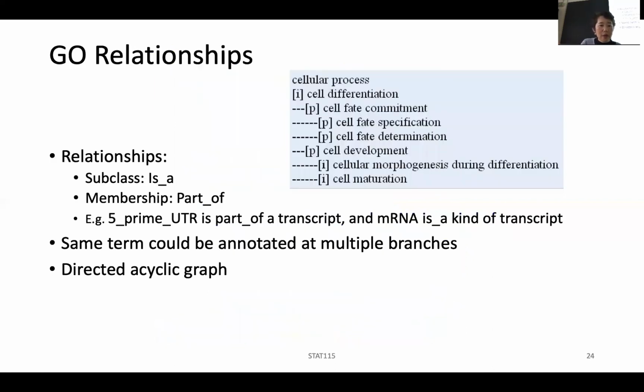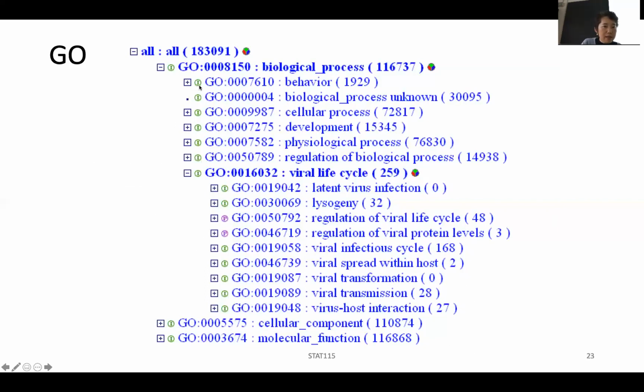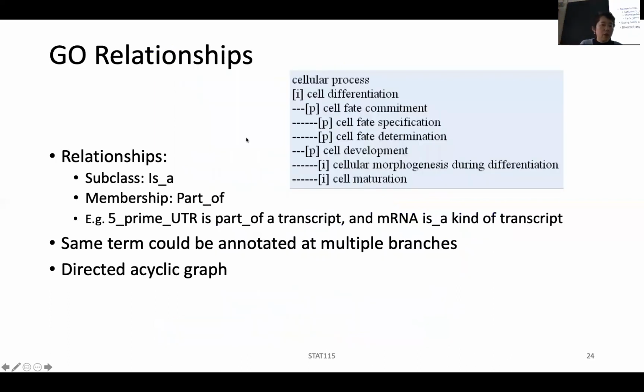And so you might also notice there is this I and also the P. This indicates the relationship between the parent node and the child node on this tree. And the most common relationships are P and I. So the I means is a.